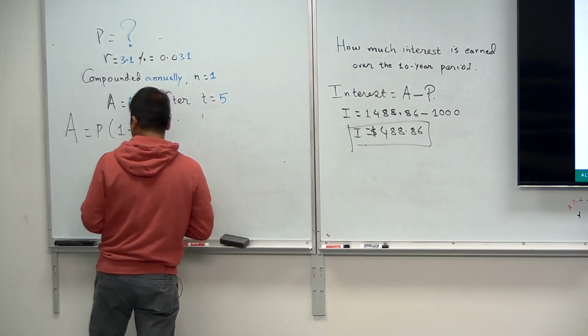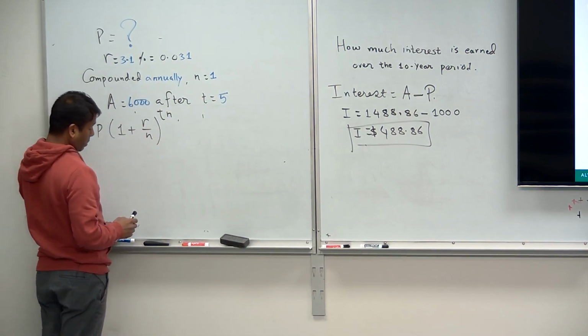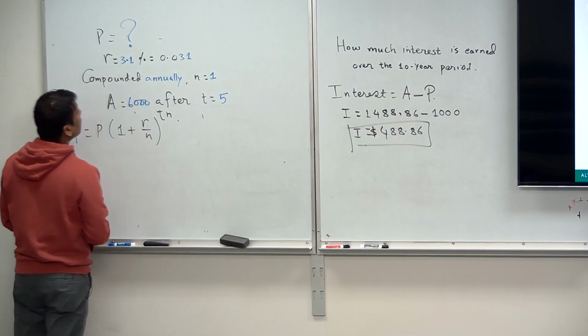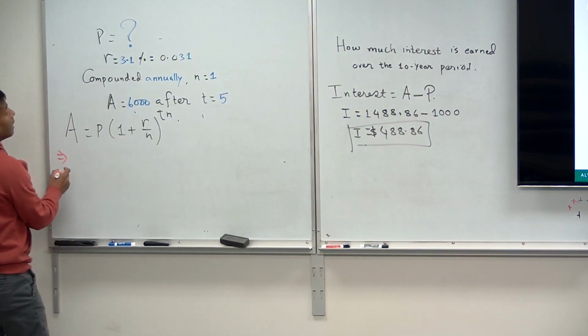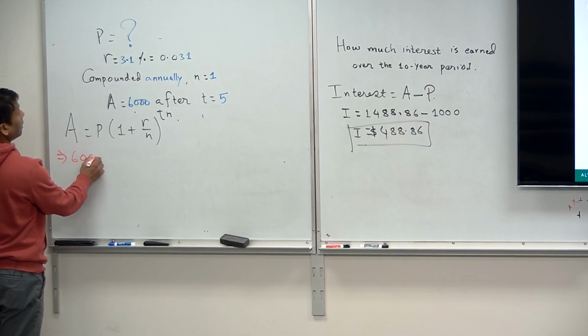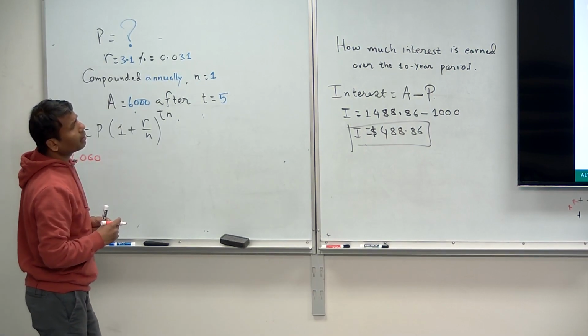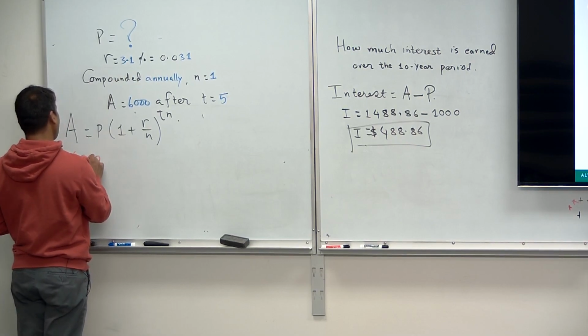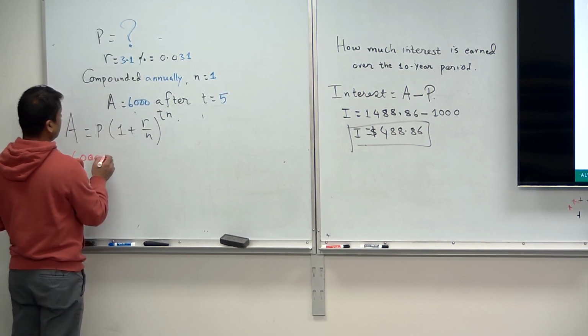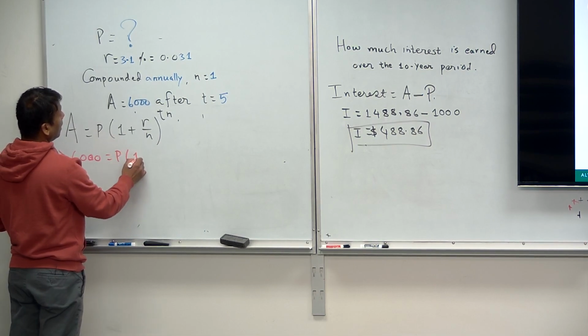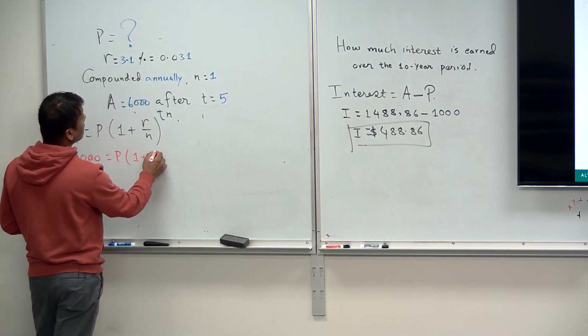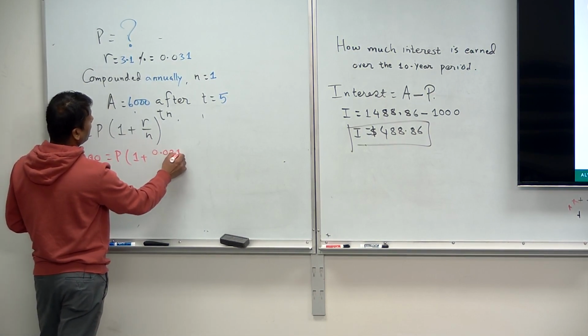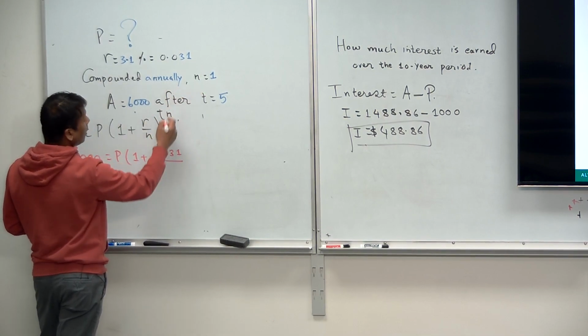So what is the value of A? 6,000, right? The value of A is 6,000. And you need to find the value of P, times 1 plus, what is the value of R? 0.031 over compounded annually, so this is just 1.